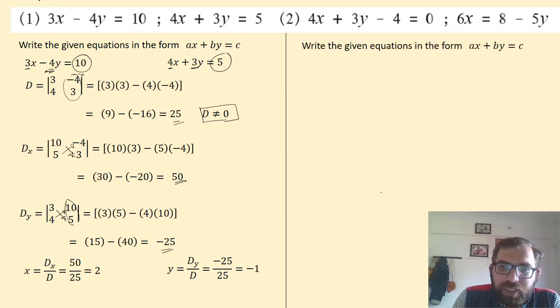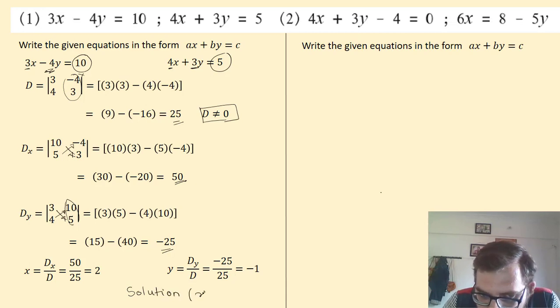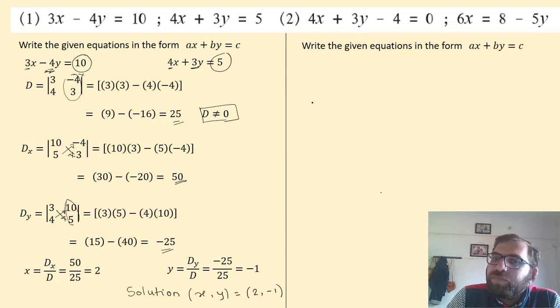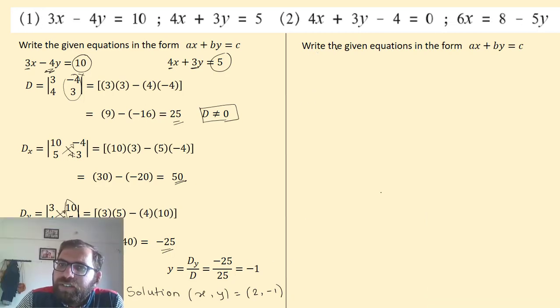So your solution is, so we should write here, solution: x comma y is 2 comma minus 1. Okay, that's your solution. Let's proceed with the second one.